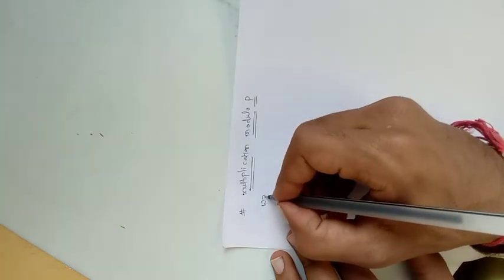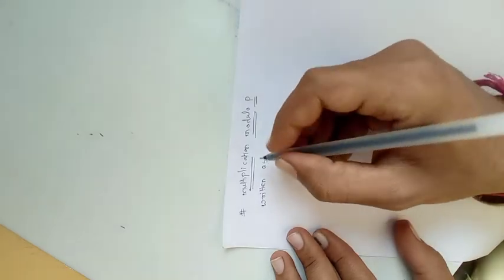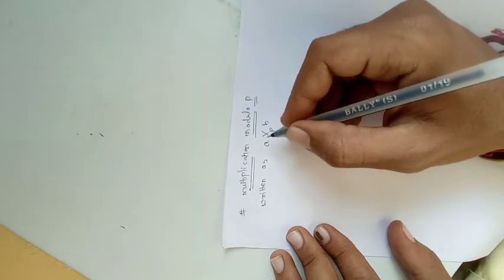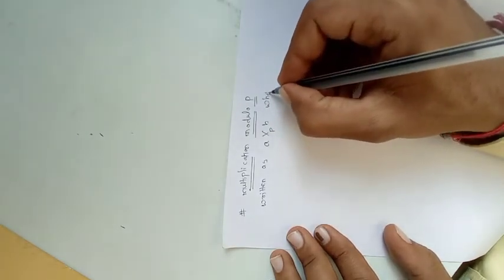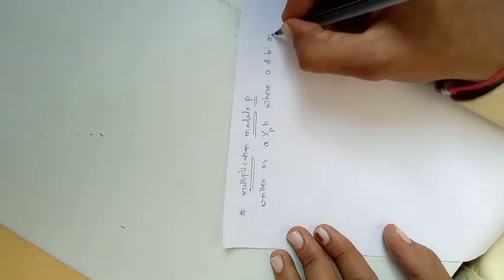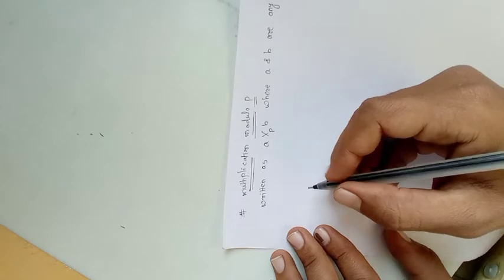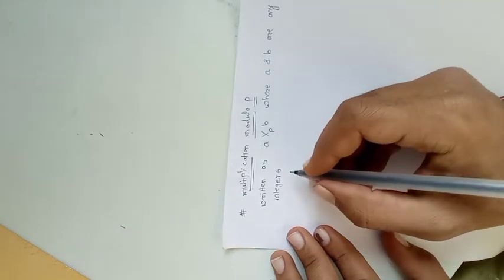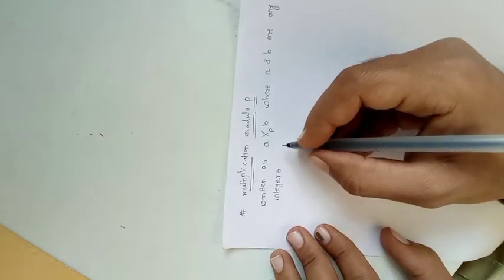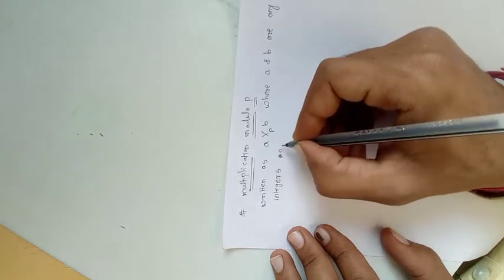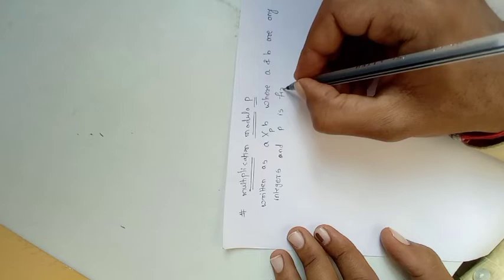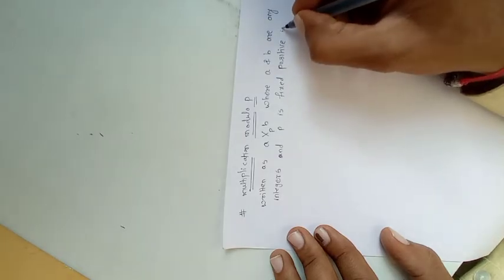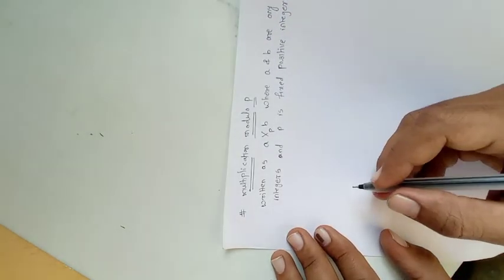It is written as a multiplication_p b, where a and b are any integers and p is a fixed positive integer.